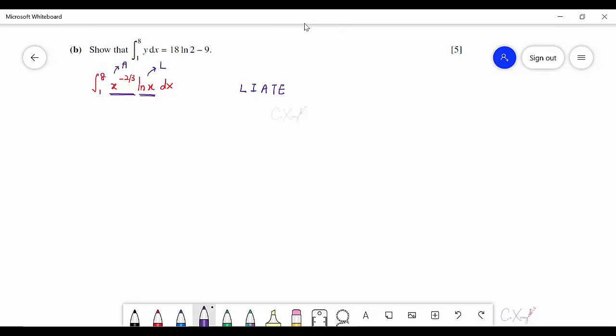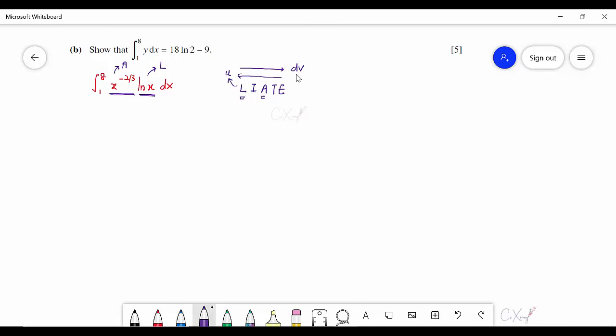Okay, so that means if your function is more to the left hand side, then it is u. Then to this side, it will be dv. So in my question here, you can see very clearly that A is in the center here, and then L, the log function, is at the first place. So the first place, we will assume that it is the u. And the later one, the A, will be the dv.